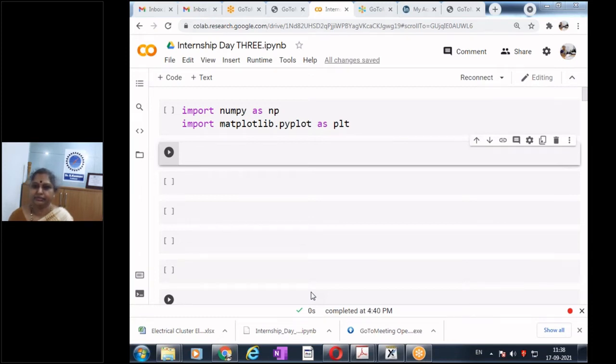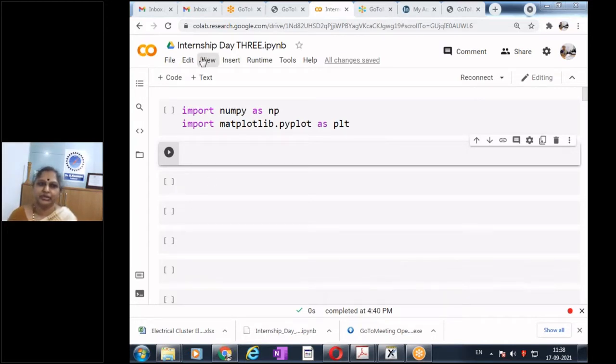Today we will focus on integration, differentiation, and computing the integral of certain functions. We'll also see how to create a small function.